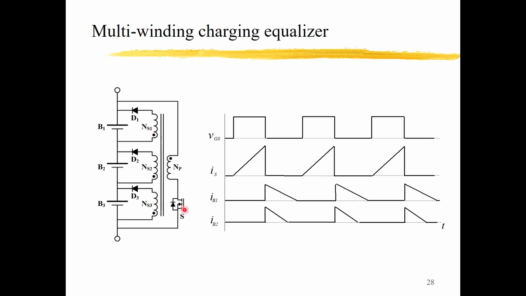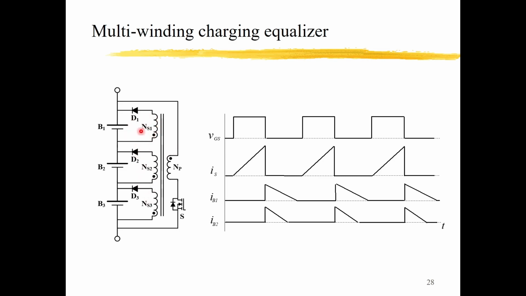When we turn on the switch S here, the battery string will store its energy into the transformer, and then when the switch is turned off, the energy will be released by all the secondary windings.